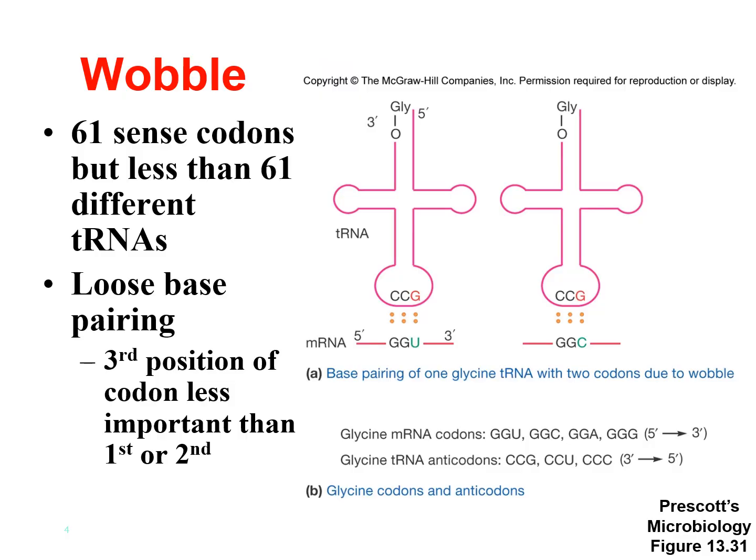Okay, next we come to wobble. So definitely make sure that you know what wobble is for the exam. So we have 61 different messenger RNA codons that code for amino acids, but we only have about 45 transfer RNAs.